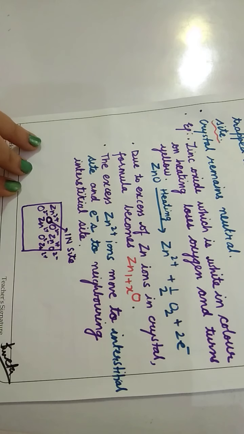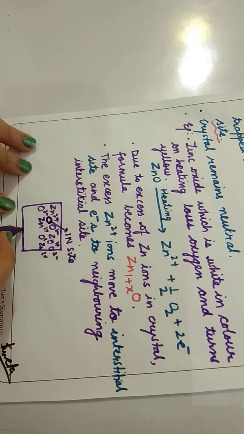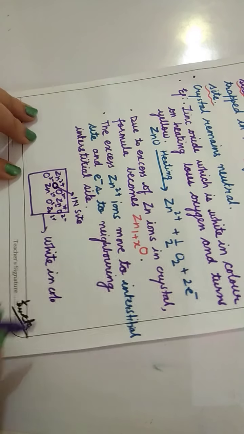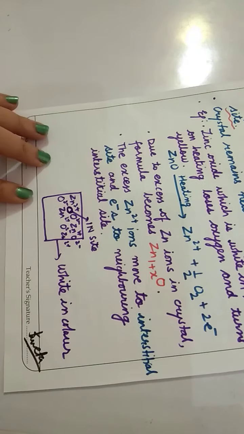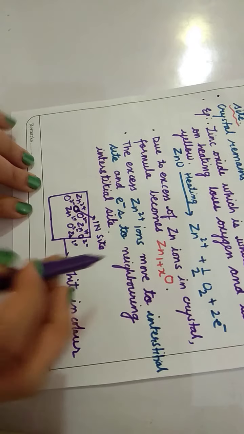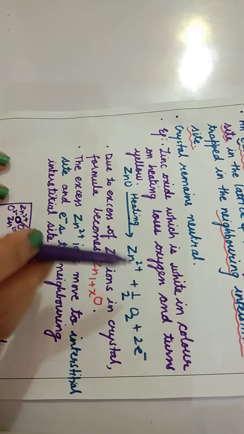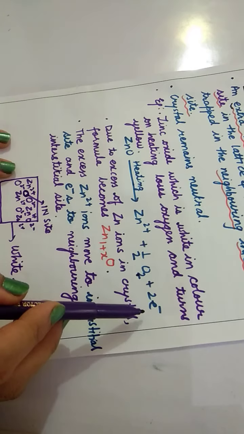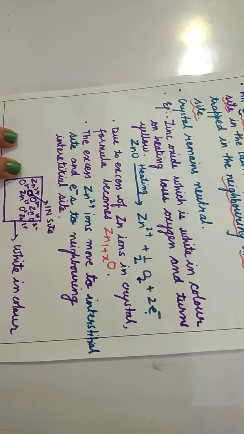Now what happens when we heat this crystal? Generally zinc oxide is white in color. Now when we heat the crystal, this zinc oxide will lose oxygen and will release electrons.